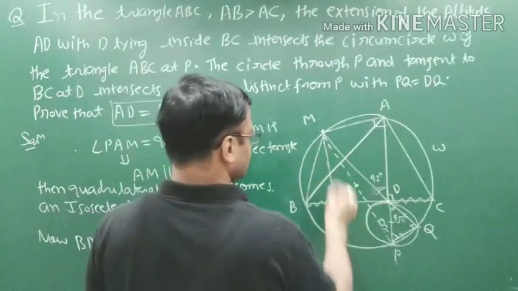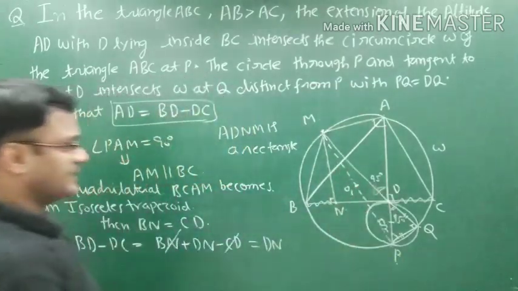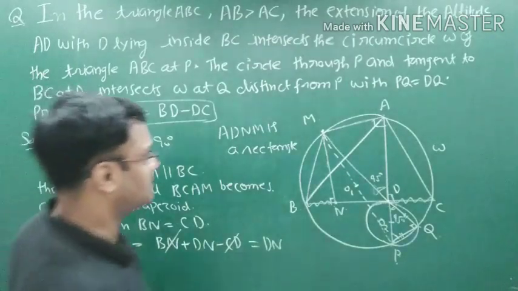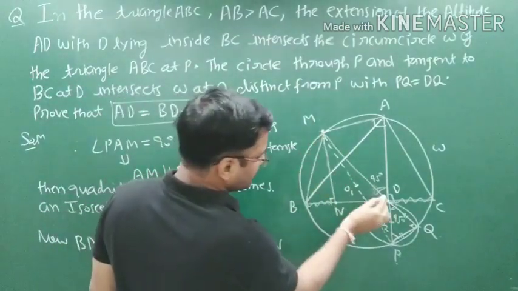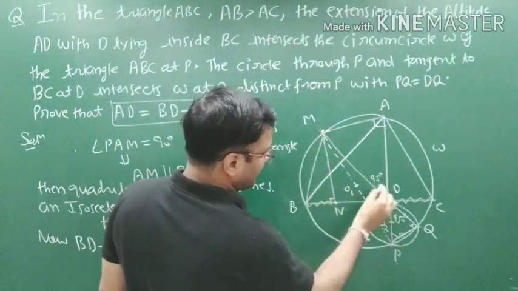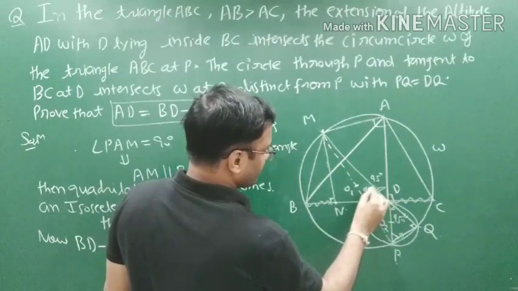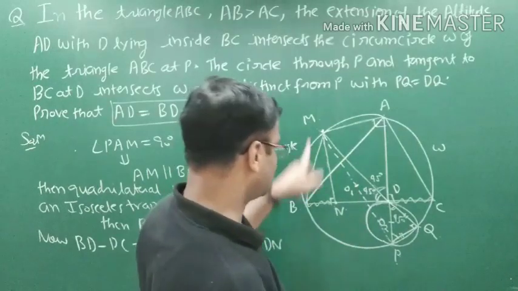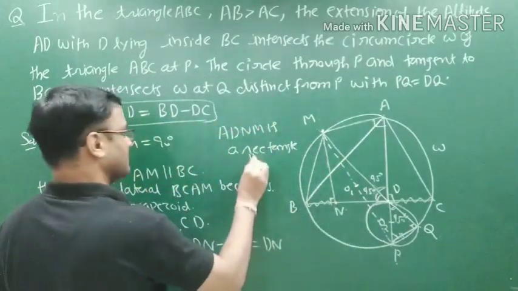At first look, this quadrilateral looks like a rectangle, but this rectangle has a special property: its diagonal bisects the interior angle. It means that this rectangle becomes a square.